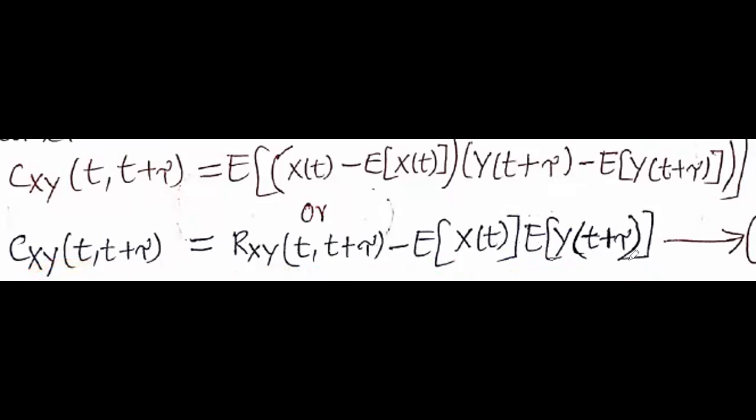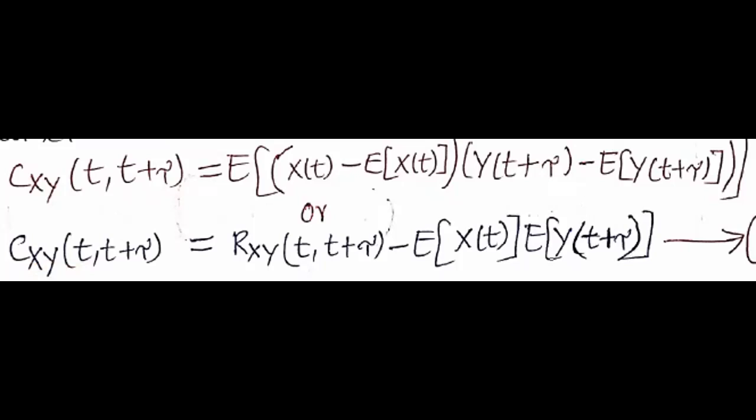As in the autocovariance function, here also we have to consider three cases. In the first case, if the random processes are at least jointly wide sense stationary, then the cross covariance function Cxy of tau is equal to Rxy of tau minus X bar times Y bar.